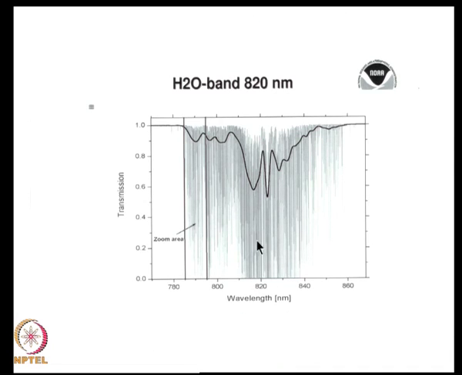And here is a typical example of a water vapor absorption band at 820 nanometer, showing presence of thousands of lines with pretty complex behavior, and the smoothened picture is shown here.